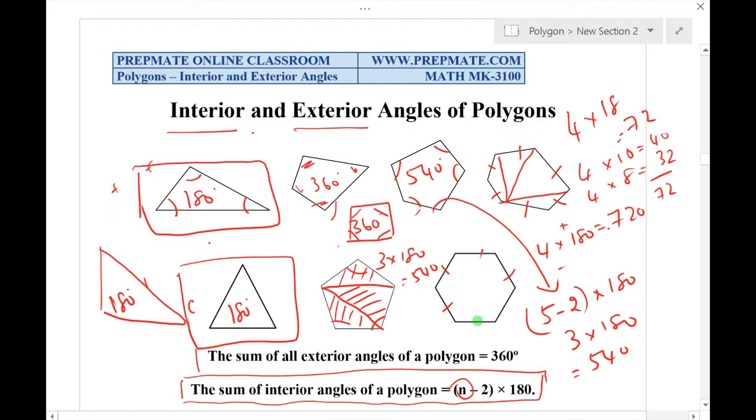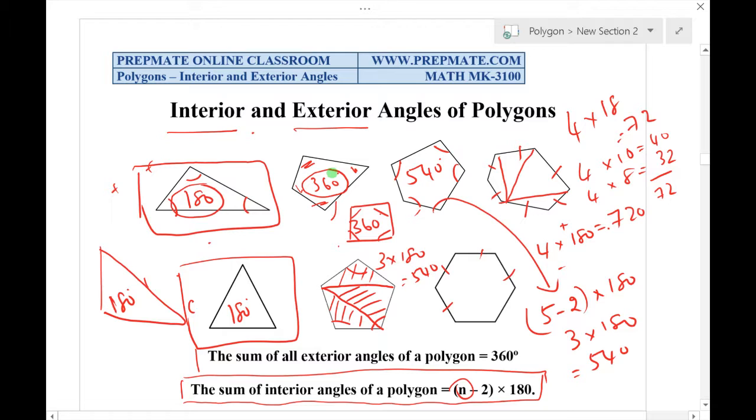But as you practice, to minimize the time, we know that the sum of the interior angles of a triangle is 180, and the sum of the interior angles of a quadrilateral is 360.